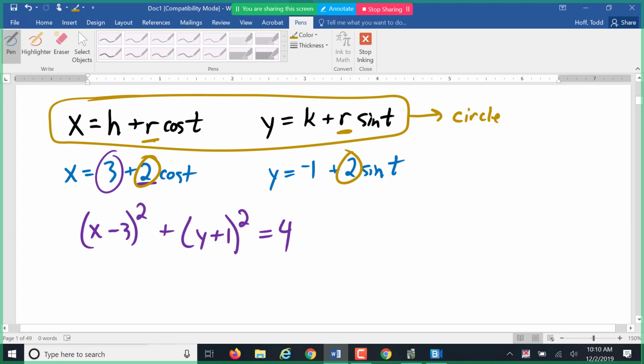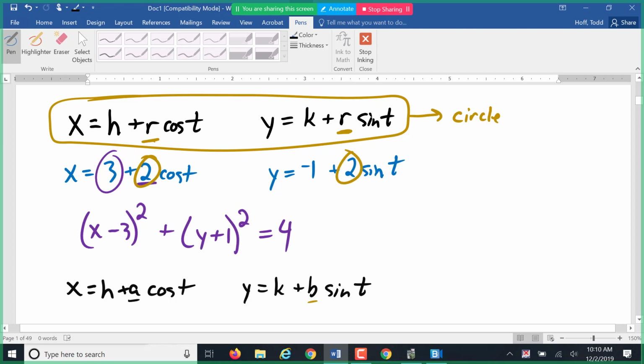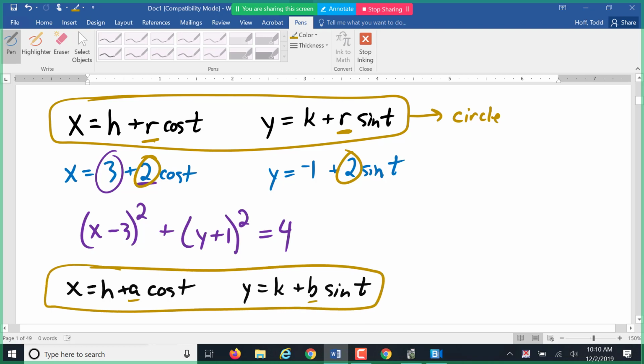So with that said, it makes sense that the ellipse is going to be very similar to that, only those two numbers are different. So instead of r in both of those cases, we have a and b, where a is the semi-horizontal axis and b is the semi-vertical axis, giving us an ellipse.